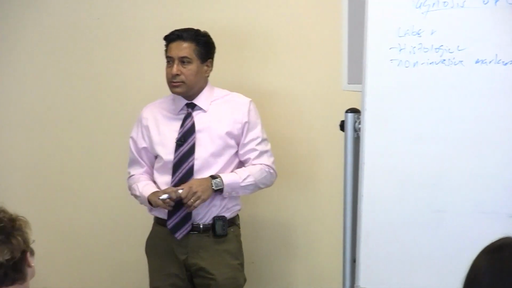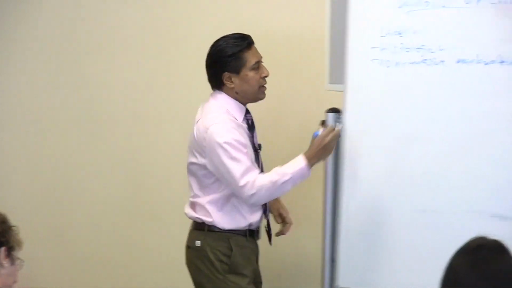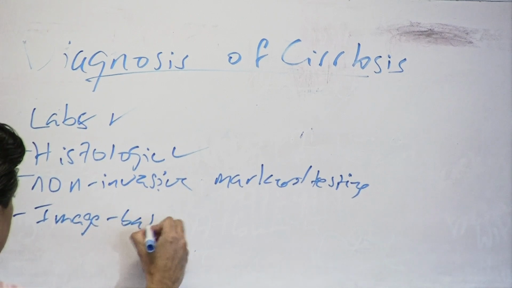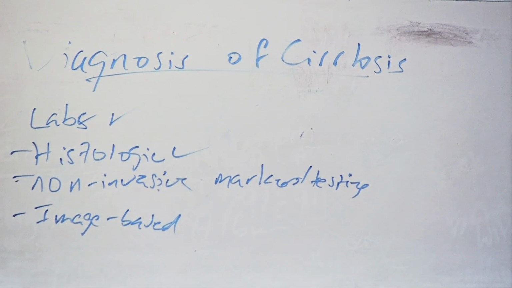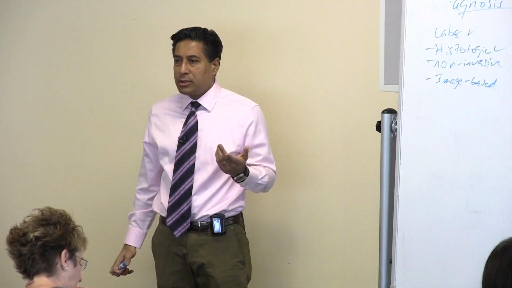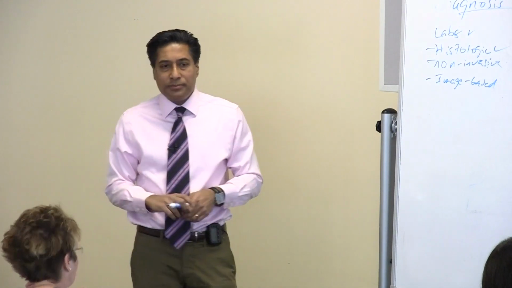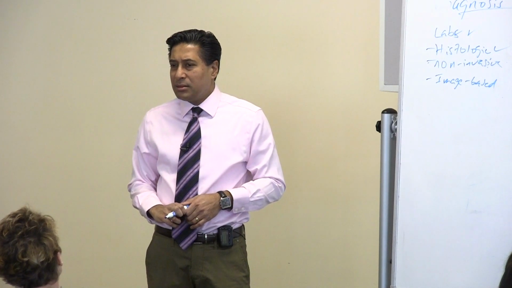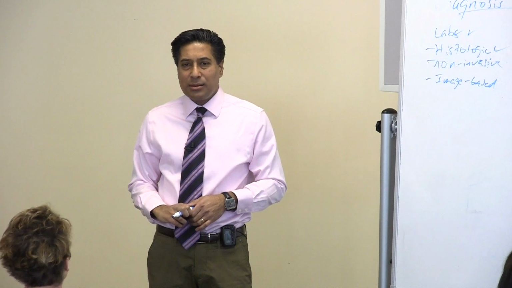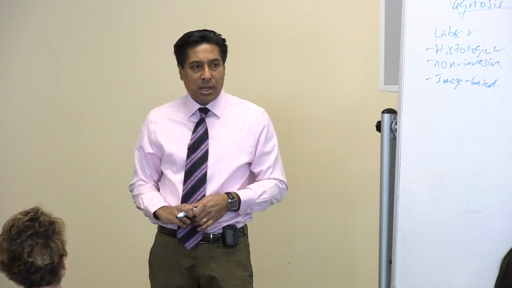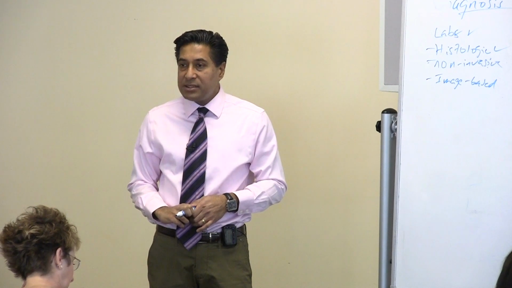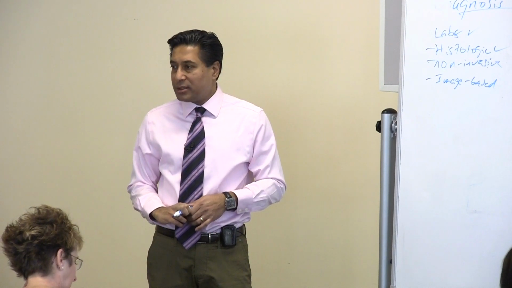There's a couple more. Yeah, so radiographic, right? So image-based. And as we talked about, you look for nodularity, right? So an ultrasound's great. When an ultrasound is ordered, I always tell people, don't put down hepatitis C. The radiologist can't see the virus. What you're really asking for is, please evaluate for cirrhosis and signs of portal hypertension.